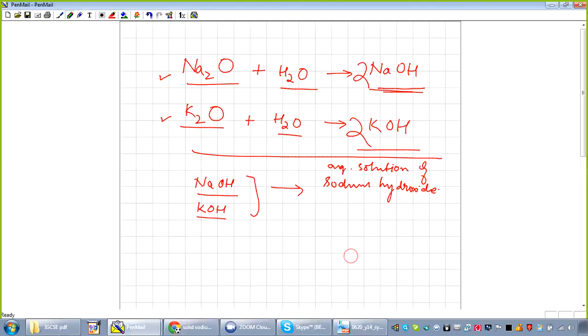Sodium oxide is also solid. You can mix it with water and you can get even solid sodium hydroxide. If you add more water to it, then you are going to get an aqueous solution of sodium hydroxide. So these are basically oxides or hydroxides of metals.